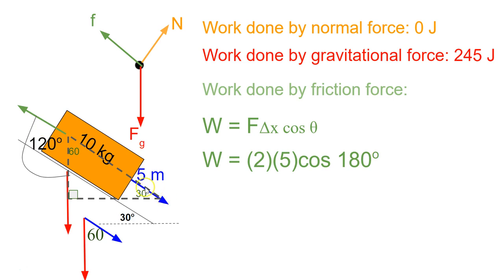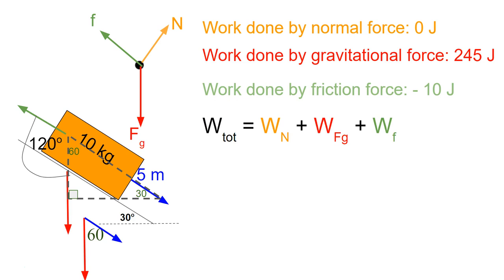The object is moving down the slope. The frictional force is acting up the slope. They told me my frictional force is equal to 2 newtons. I know the distance that this object is traveling is 5 meters, so I can add in all those values and find that the amount of work done by the friction force is minus 10 joule.